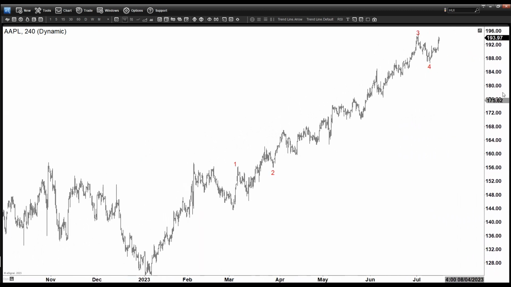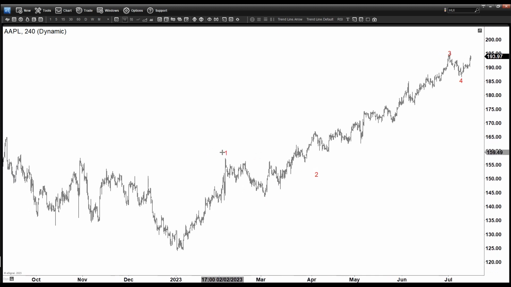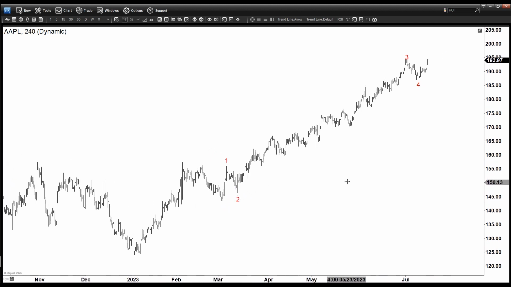Alright, so we're looking at a rally that started from somewhere from here. So I think this is 1, 2, and this is another 1, 2 here. Right? So from here, from March 2023, now you can notice the rally is very impulsive and continues to make a higher high and a higher low.